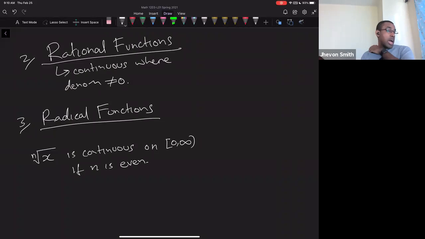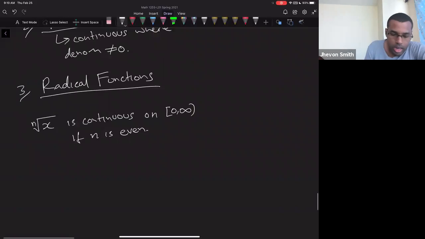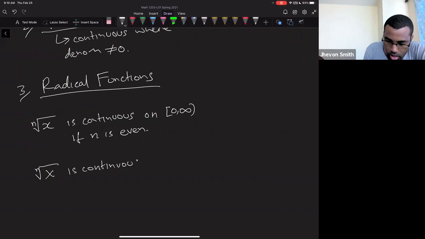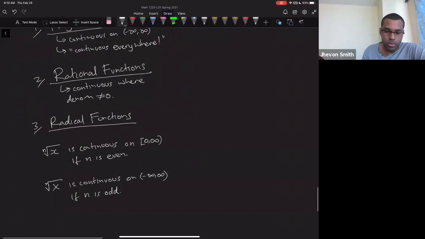So if you have an even radical, what's underneath the radical has to be greater than or equal to 0. We know that. And for radical n, the nth root is continuous everywhere if n is odd. Okay, so those are the radical functions.